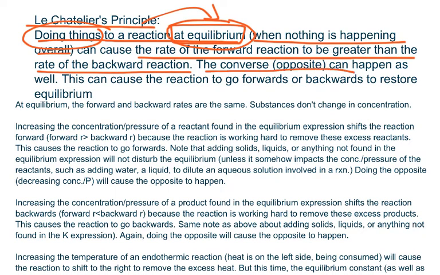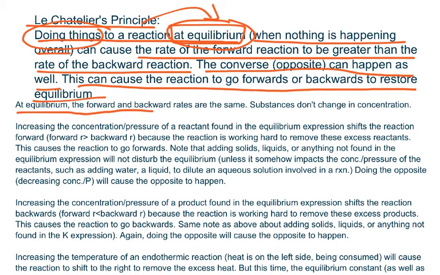The converse, or the opposite, can happen as well. This process can cause the reaction to go forwards or backwards overall to restore equilibrium. So, we know that at equilibrium, the forward and backward rates are the same. Substances don't change in concentration at equilibrium, since the forward and backward rates are canceling each other out.